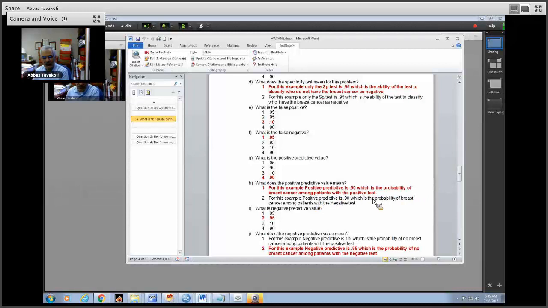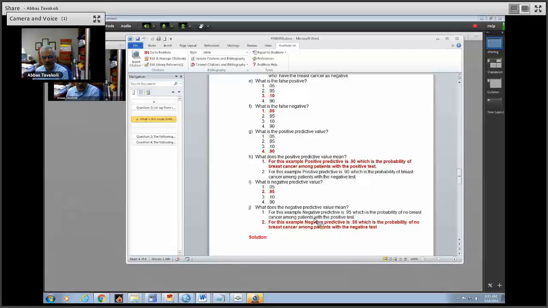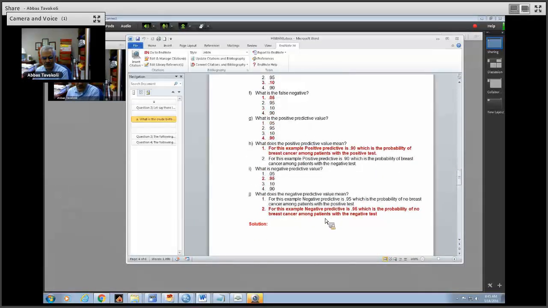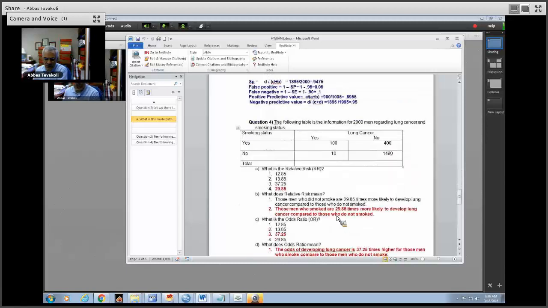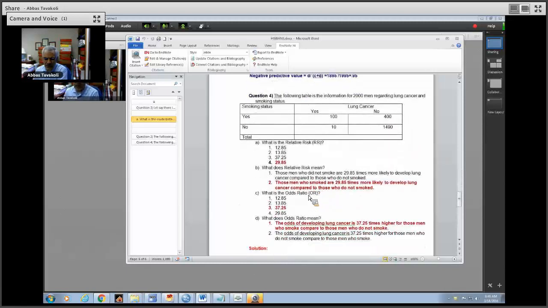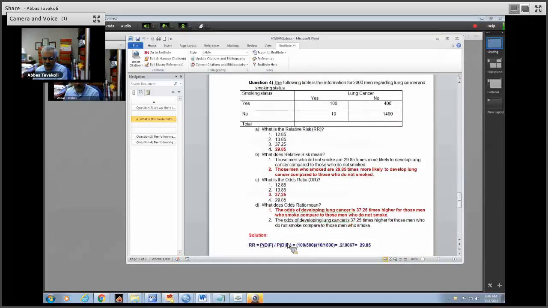Again, false positive is 0.05, false negative 0.1. Predictive value we calculated 0.9, which means the probability of breast cancer among patients with a positive test. A negative predictive value means the probability of no breast cancer among patients with a negative test.